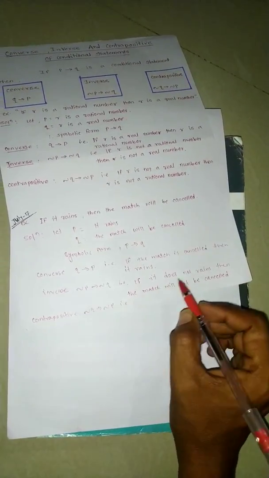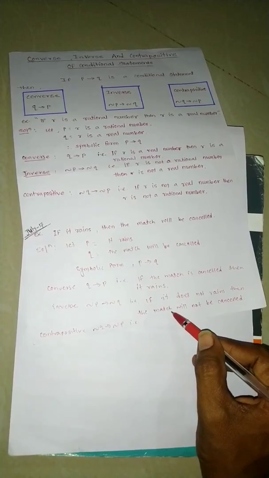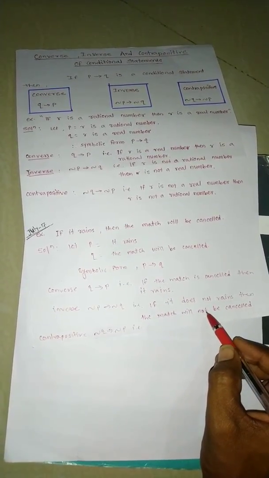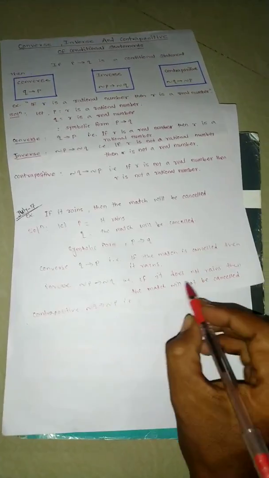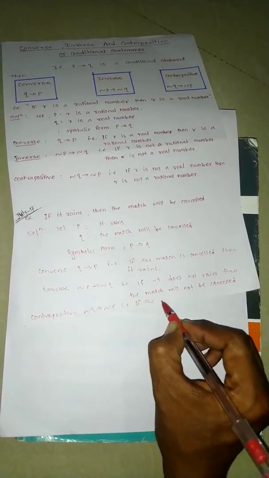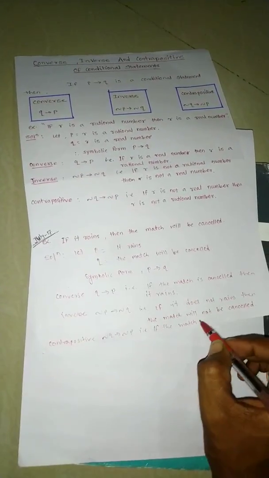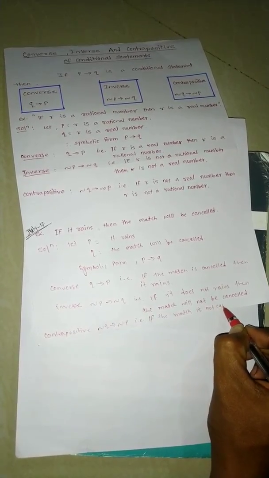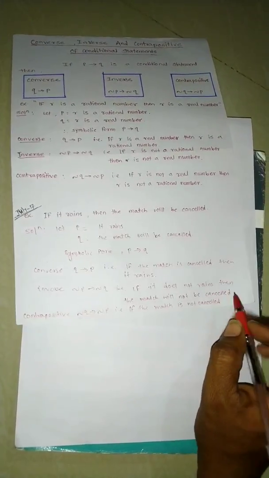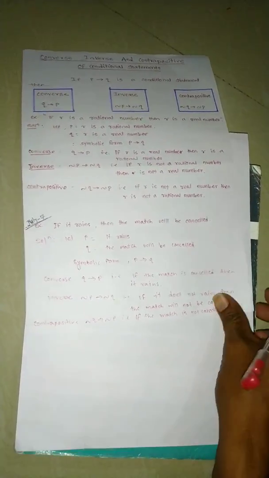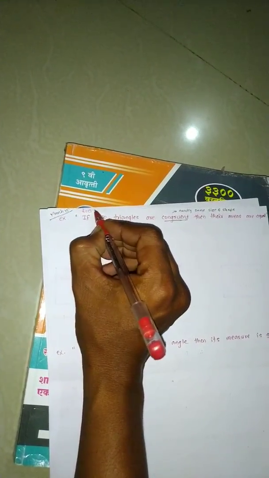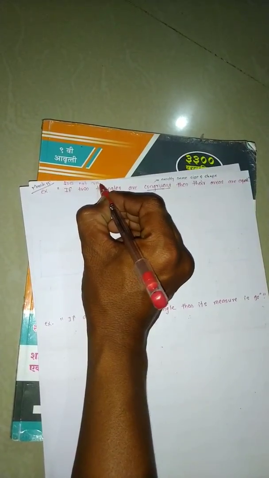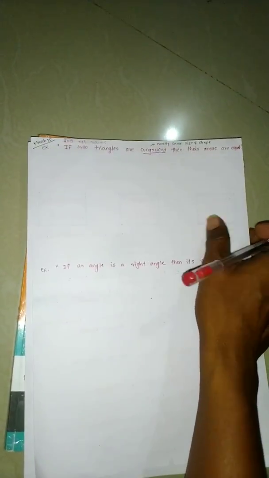It means: if the match is not cancelled, then it does not rain. In this way, we can make the converse, inverse, and contrapositive statements.